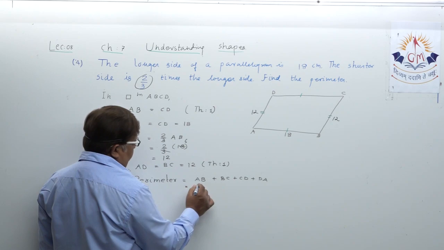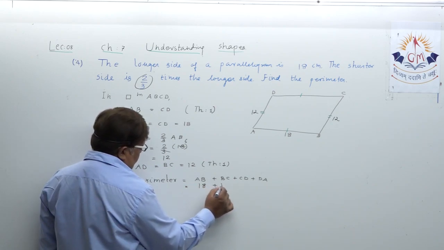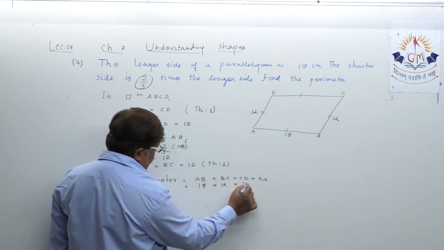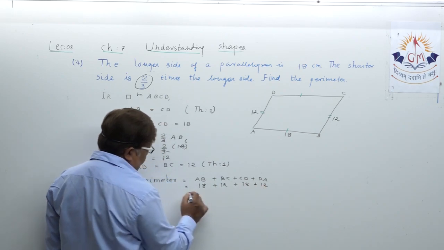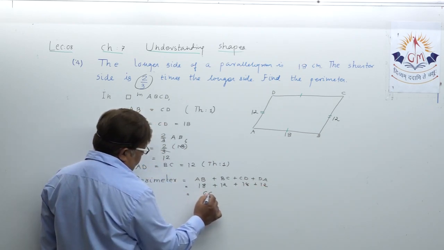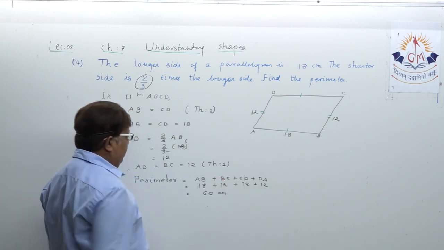Substitute all values. 18 plus 12 plus 18 plus 12, 60 centimeter. Okay.